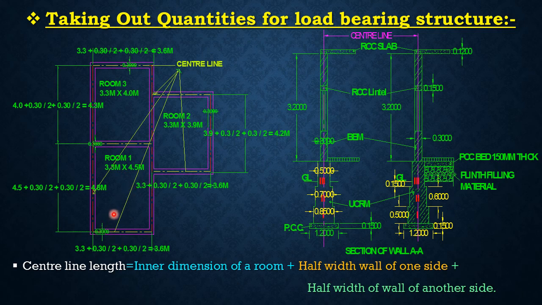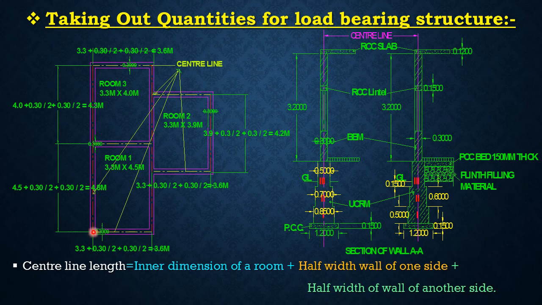First calculate the center line length for the horizontal dimension: 3.3 plus half width of wall, width of wall 0.30 meter divided by 2, on this side, plus half width of wall 0.30 divided by 2 on this side.